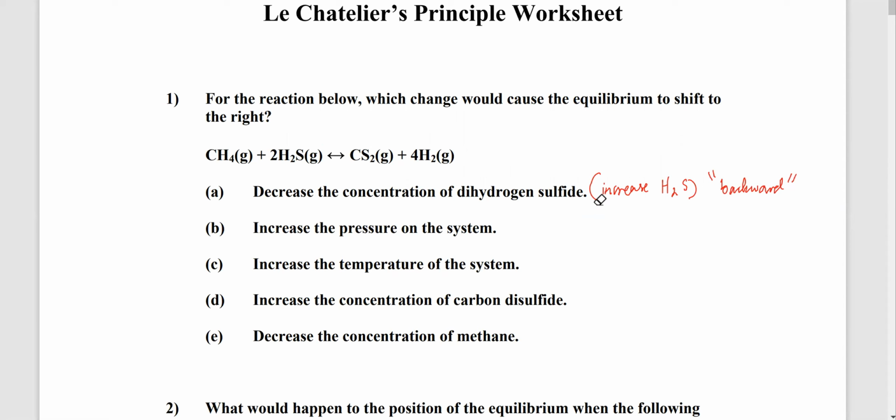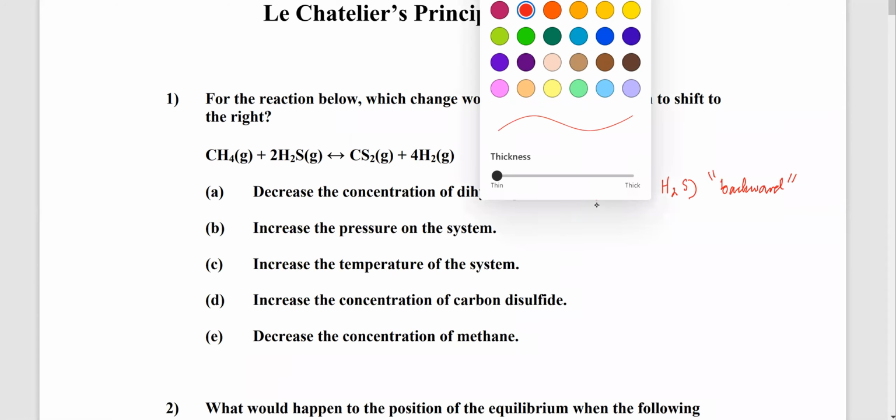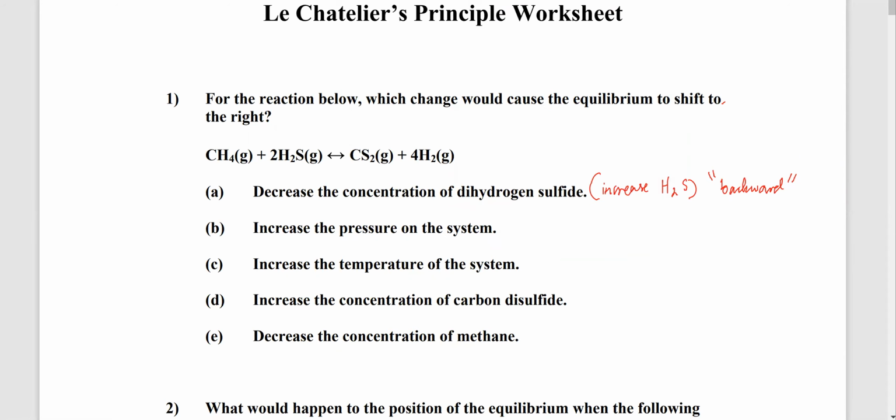The next one is increase the pressure on the system. If I increase the pressure on the system, it's going to favor less gas moles. So less gas mole side is favored, which in this case would be which side?